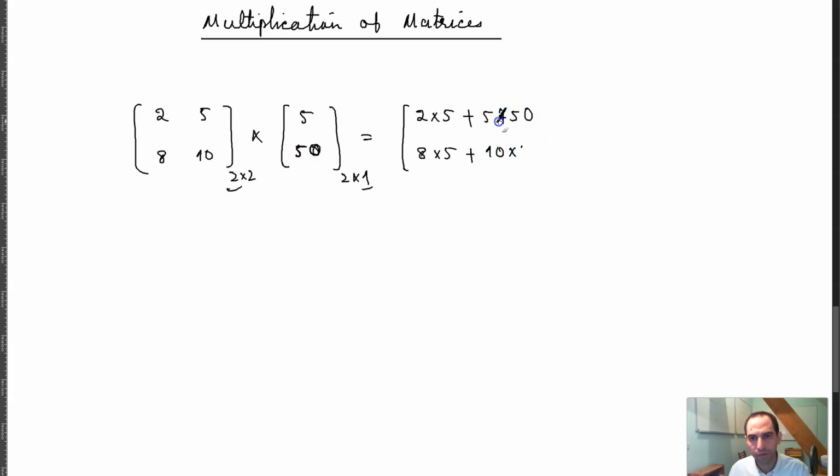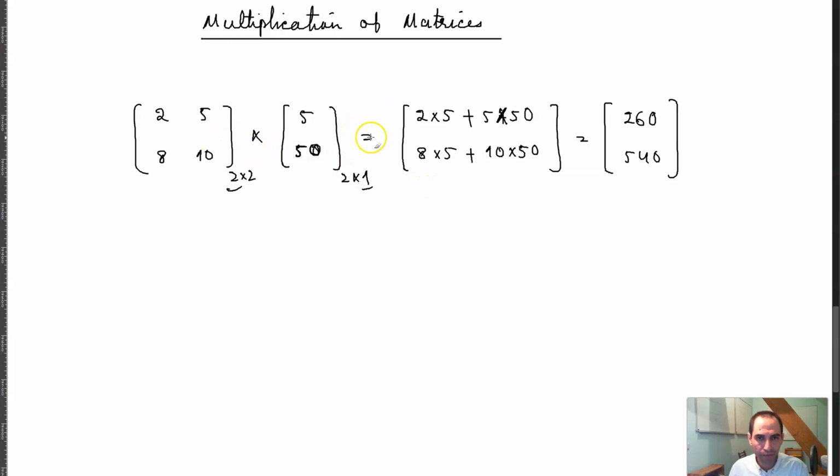Then you can write this as 10 plus 250, which is 260, and this is 40 plus 500, which is 540, right? So almost everybody knows how to do this, and that's not a big deal, of course.